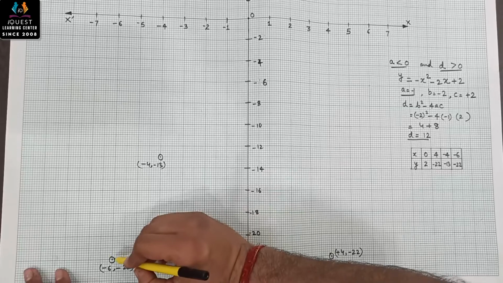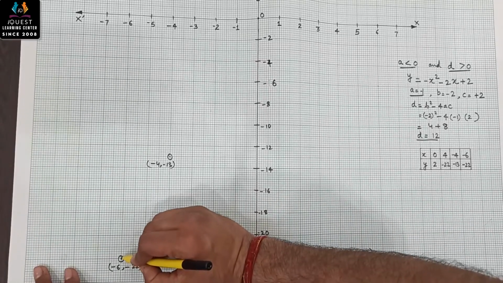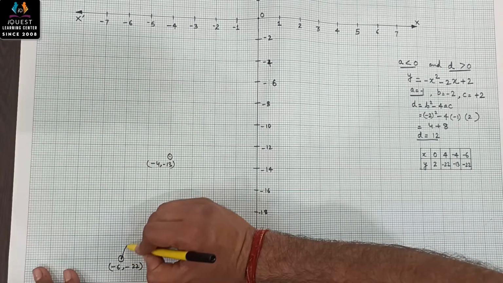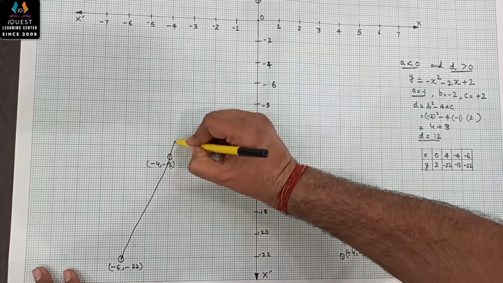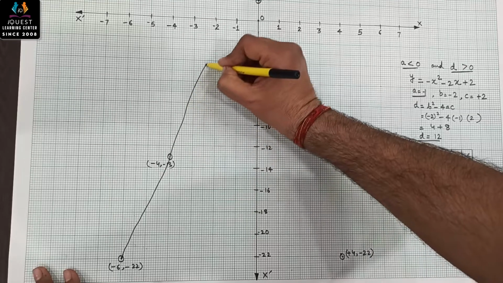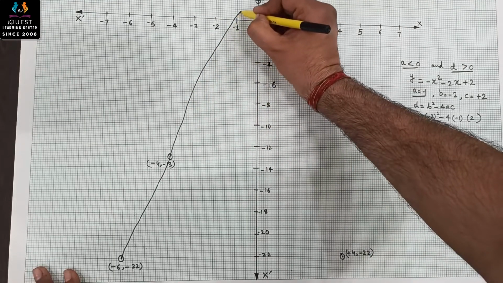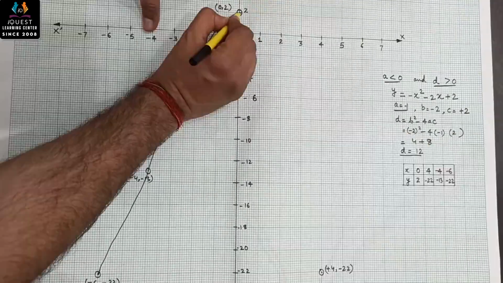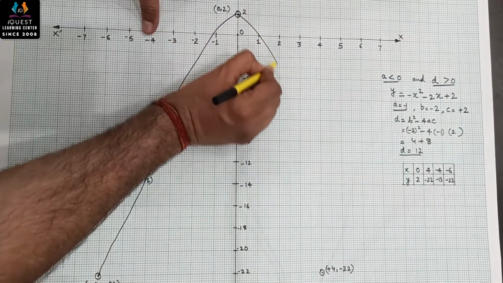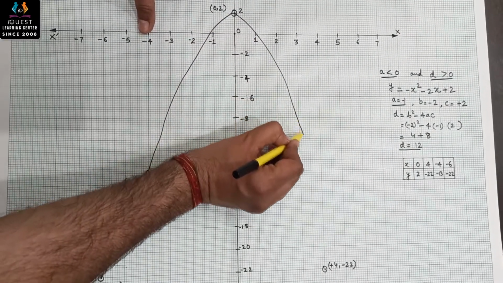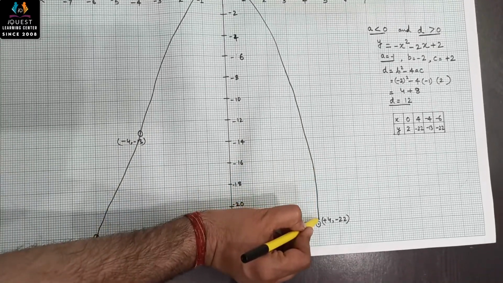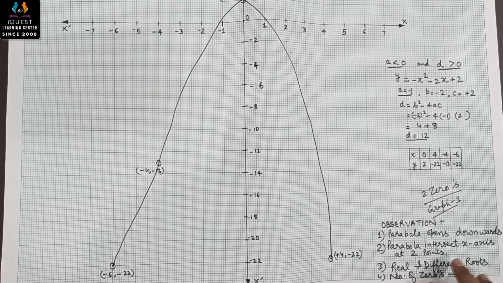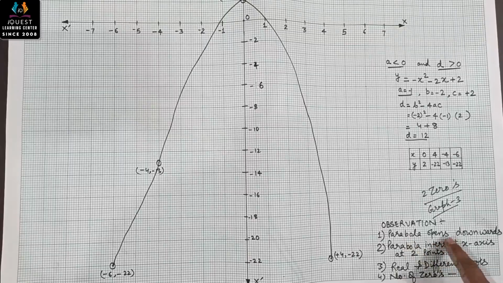Now let's make the graph. Observation for the third graph: the parabola opens downwards.